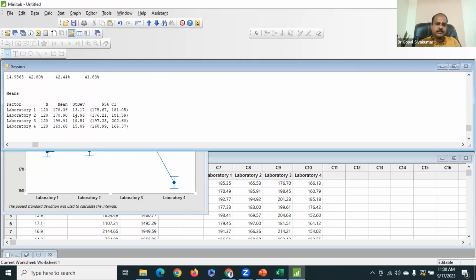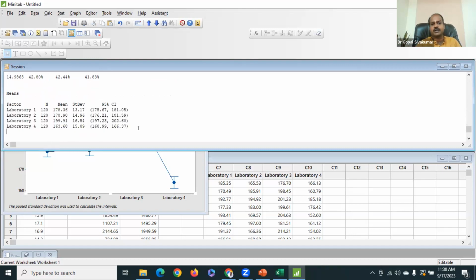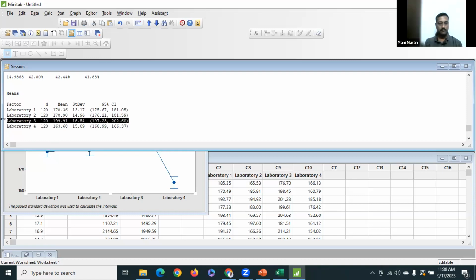Which is the laboratory consuming more turnaround time? Look at the data here. Lab 1, 2, 3, 4. Lab 3. This conclusion can be correct simply because you have got a p-value of less than 0.05. Which is the laboratory that takes more turnaround time?